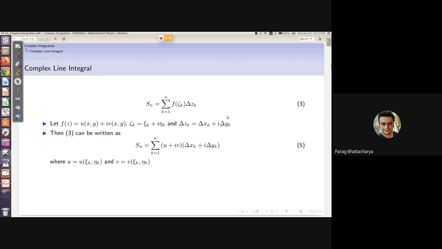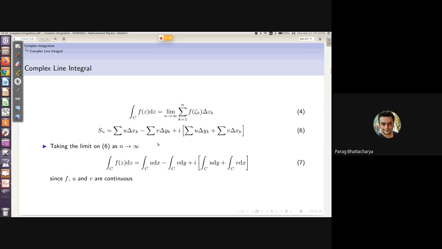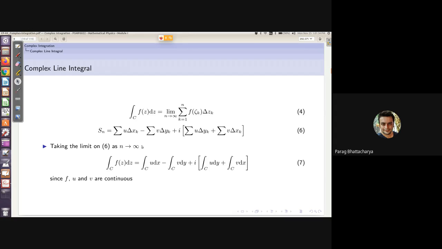Putting all of these in, we have four summations now. When you take the limit of this, you will get the line integral. So if the function can be written in terms of u and v, you can evaluate it this way as n tends towards infinity. I think this is where we had stopped in the previous class.